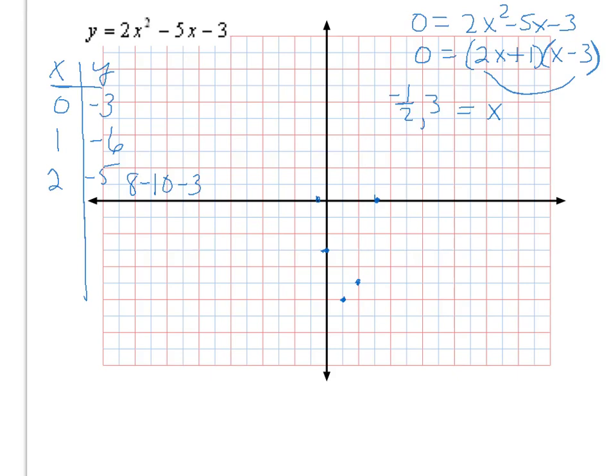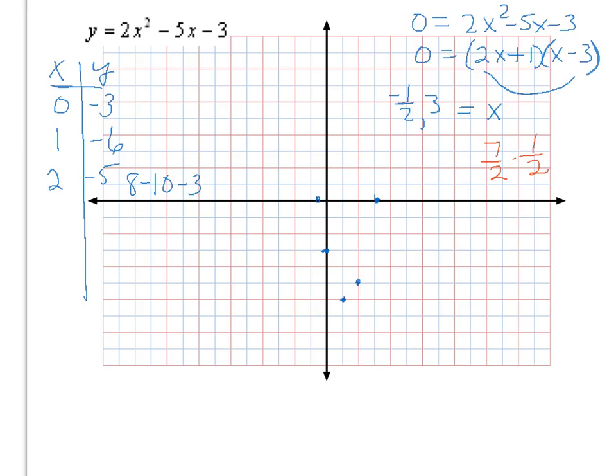So the distance between those two x-intercepts is 3.5, which means if that's 3.5 blocks, then I have to go 1 3/4 blocks. In other words, 3.5 is 7 halves, so half of that is 7/4. So I need to go 7/4 or 1 3/4 blocks away from both of those.